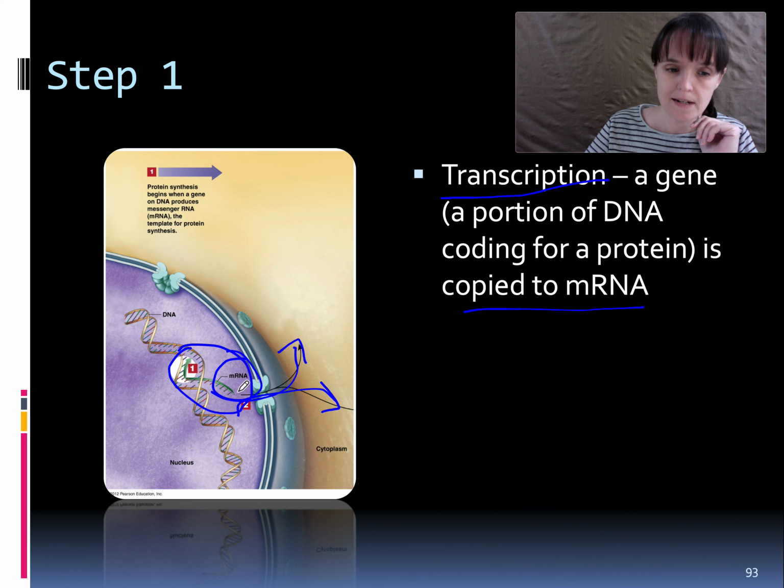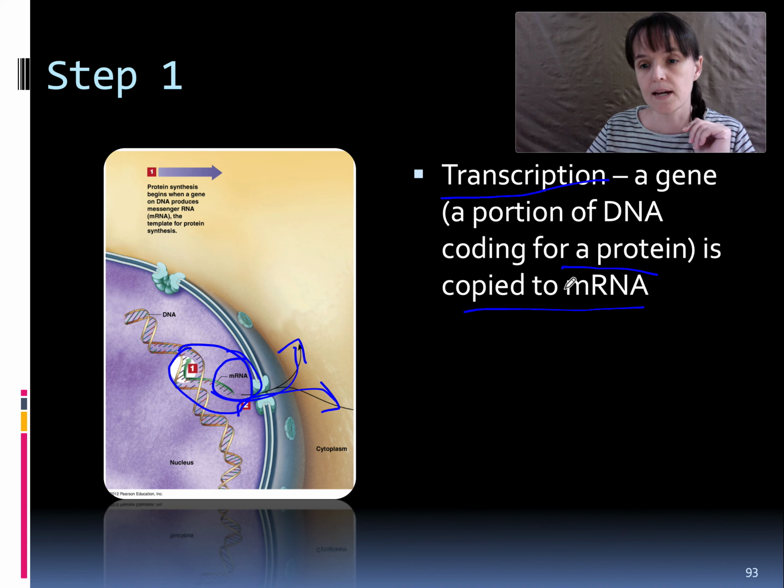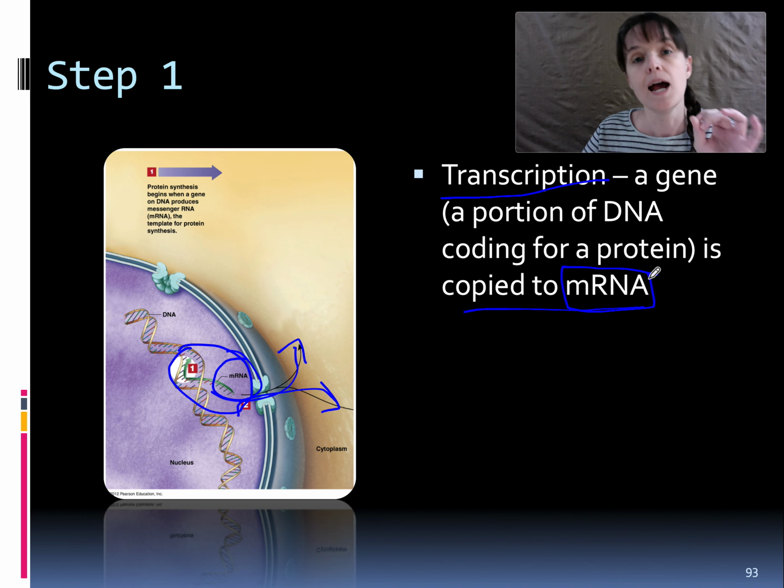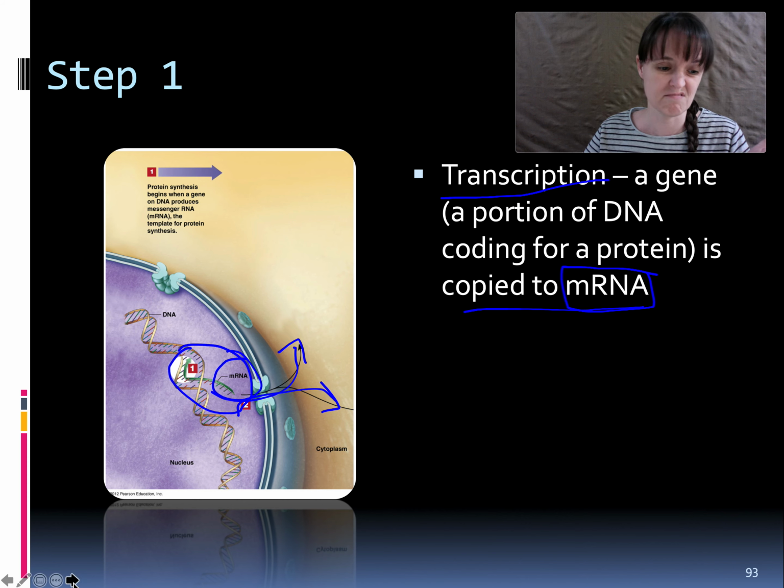So making a copy of the recipe is transcription, where you make an mRNA. The mRNA is the messenger RNA, and it carries the message. A fly just flew past my head. Out of the cell and into your home, which in this allegory, is it an allegory? Hashtag not an English major.